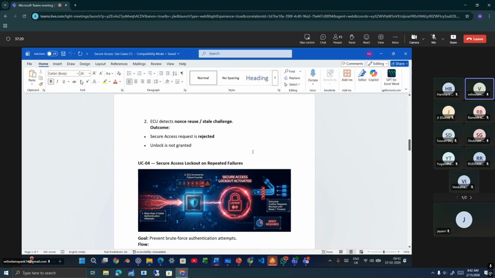Secure access lockout on repeated failures. You were given the challenge, I calculated the key, but I gave an incorrect key. First time, second time, third time. Maybe if you are Rama, three times won't be sufficient, I will give more. That is nothing but the fourth use case.